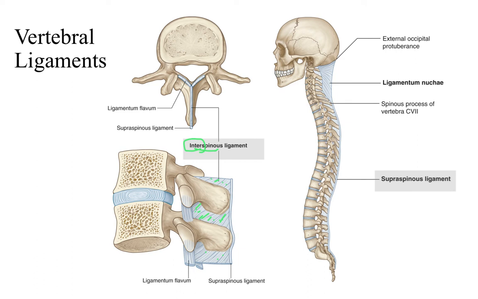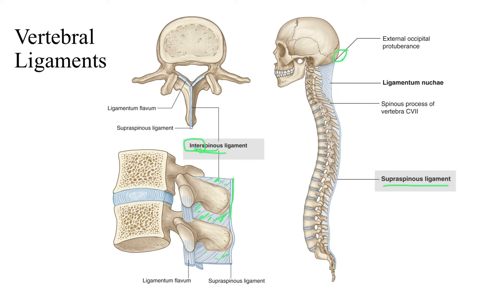And there is going to be a rope-like ligament called the supraspinous ligament that's attached to all of the interspinous ligaments that runs from the external occipital protuberance up here in the skull all the way down to the end of the sacrum.